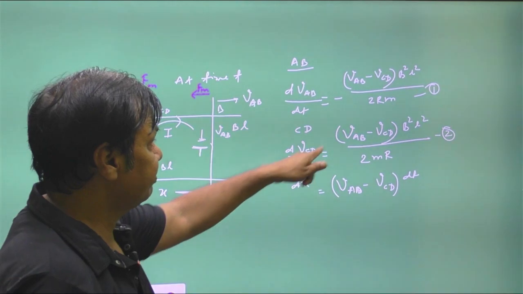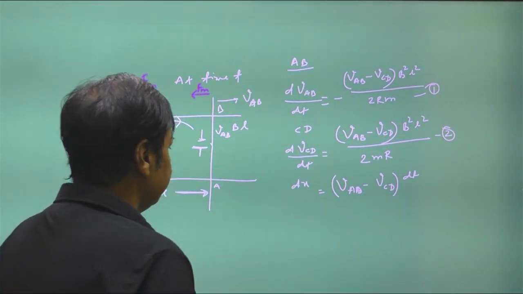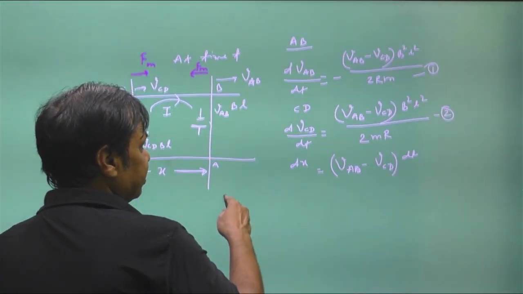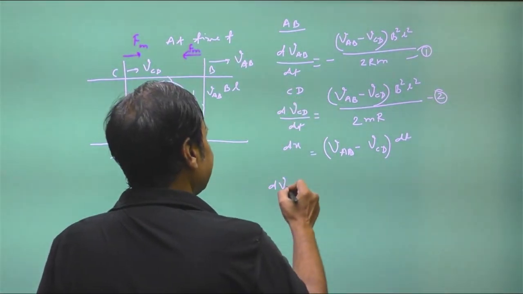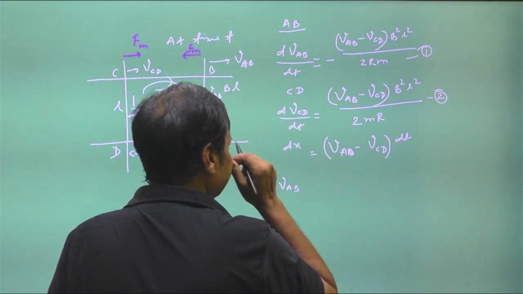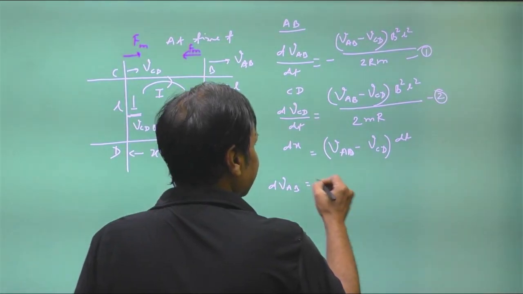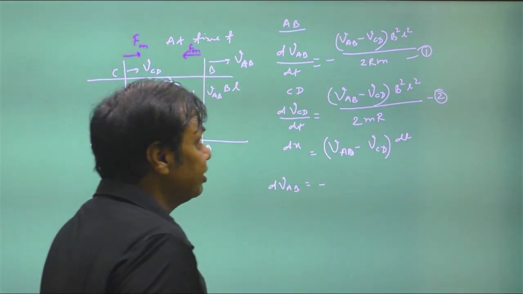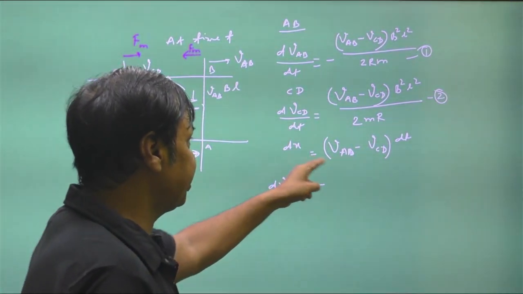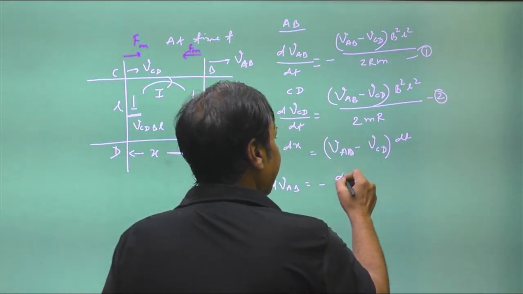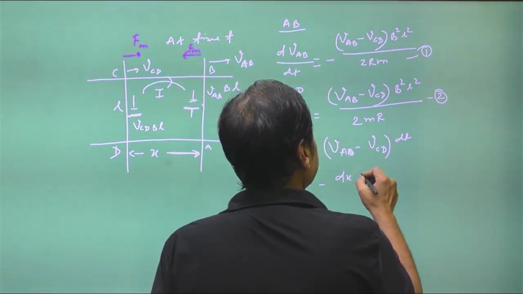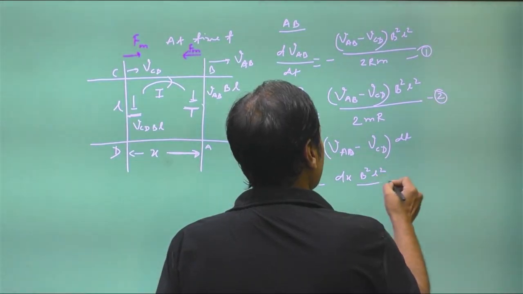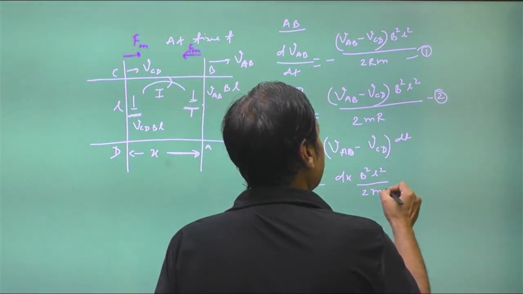And if I place dt here, from the first equation we will get dVAB equals minus (VAB minus VCD) multiplied by dt, which I can write as simply dx, and it will become B square L square by 2MR.